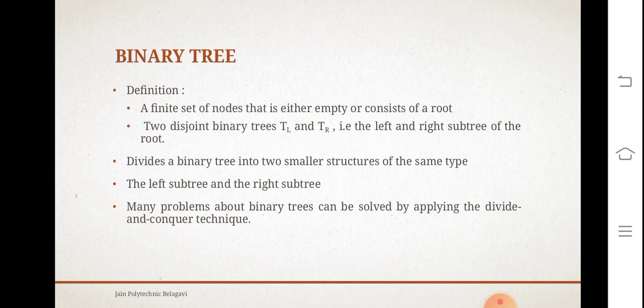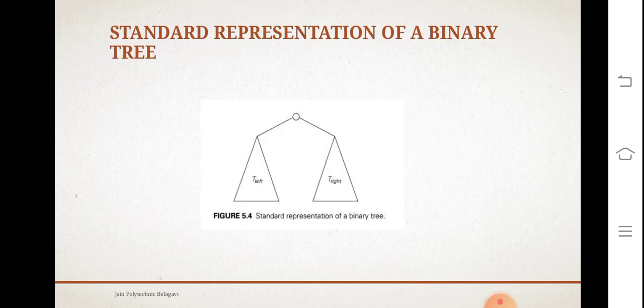Since the definition itself divides a binary tree into two smaller structures of the same type, the left subtree and the right subtree, many problems about binary trees can be solved by applying the divide and conquer technique. So, the standard representation of a binary tree looks like this.